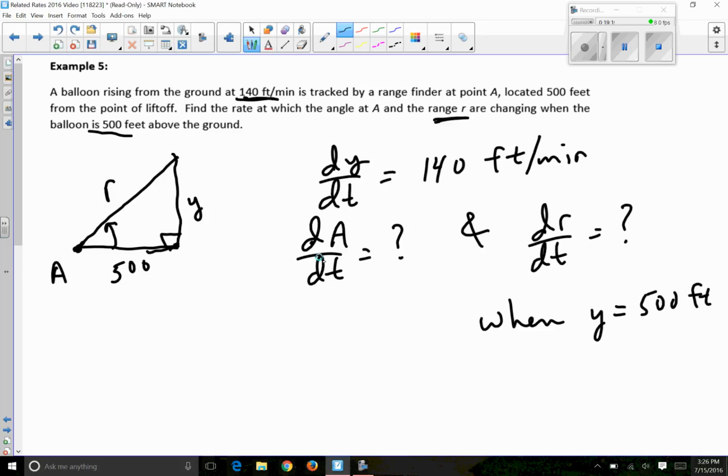To answer the first part, we're going to use this formula. We're going to say the tangent of this angle is opposite over adjacent. The tangent of an angle in a right triangle is opposite over adjacent.